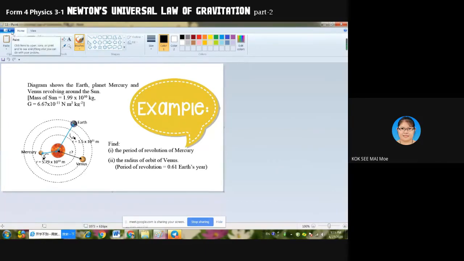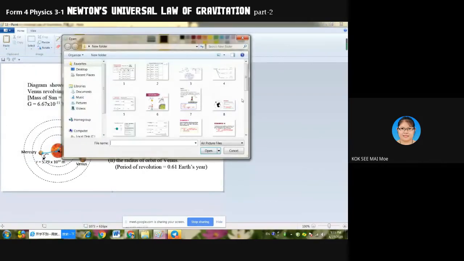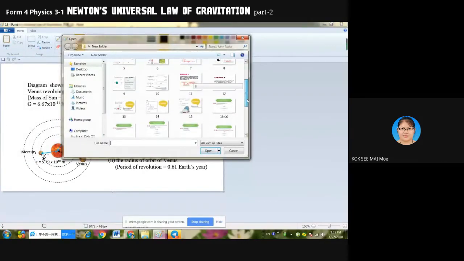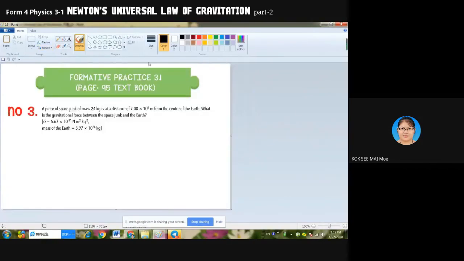Okay, then this one is the first question. Then later we need to do another one. Just now got two questions, then after that, this one. Okay, also like this one. They ask you need to find the gravitational force. This one your textbook also got, mentioned here: page 95, textbook, question number 3.